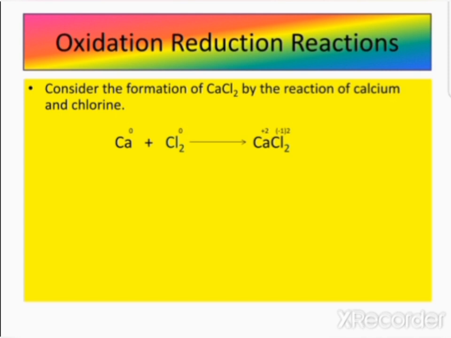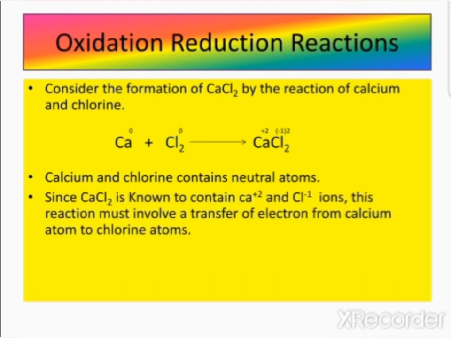Consider the formation of calcium chloride by the reaction of calcium and chlorine. Calcium and chlorine contain neutral atoms. Since calcium chloride is known to contain calcium ions and chloride ions, this reaction must involve a transfer of electron from calcium atom to chlorine atom.